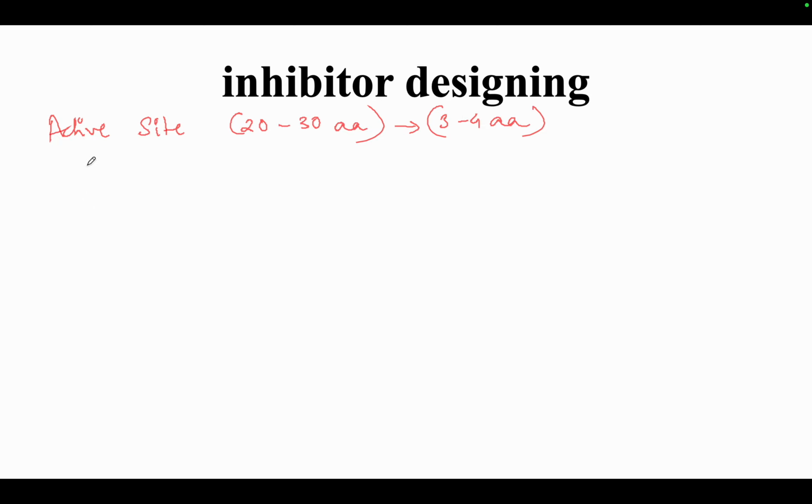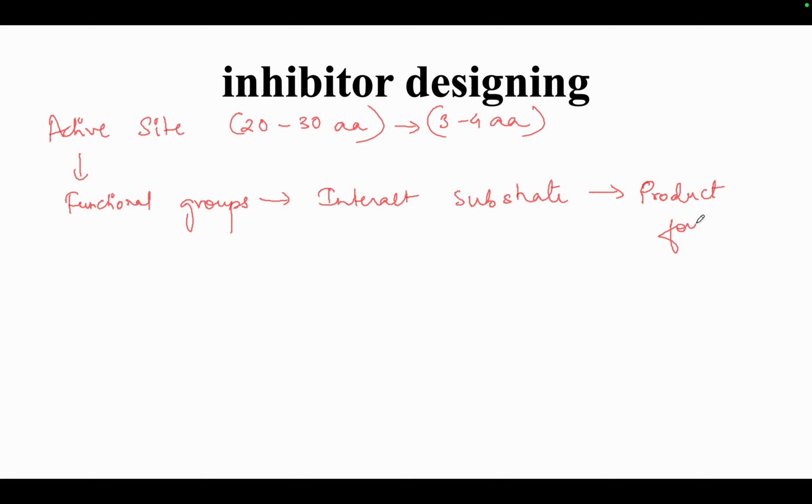These active sites have different functional groups that interact with the substrate, and this interaction converts the substrate into product. So having the information about the active site is very important.